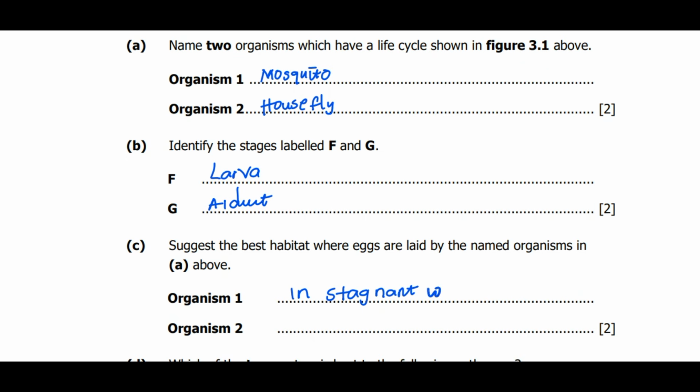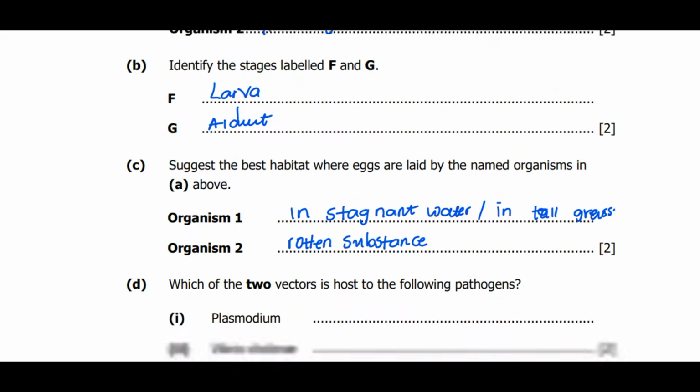Not only stagnant water, also in tall grasses. Then for organism number 2, which is housefly, this is in rotten substances, like a dumping site. That's where eggs are laid.